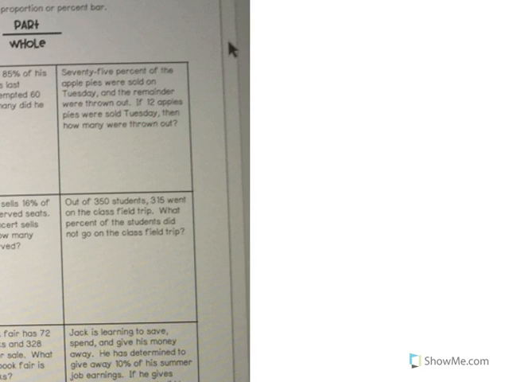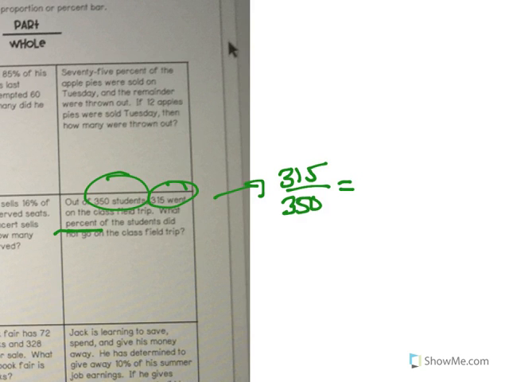We have, out of 350 students, 315 went on a class trip. What percent? Oh, he's asking percent. He's not asking whole here. He's trying to trick you. So here we go. We have 315 on top because that's our part. Total is 350. He's asking what percent, and we know how to set that up. Of course, we're going to do 100 divided by 350, because we always know that the question mark is where we put our divide.